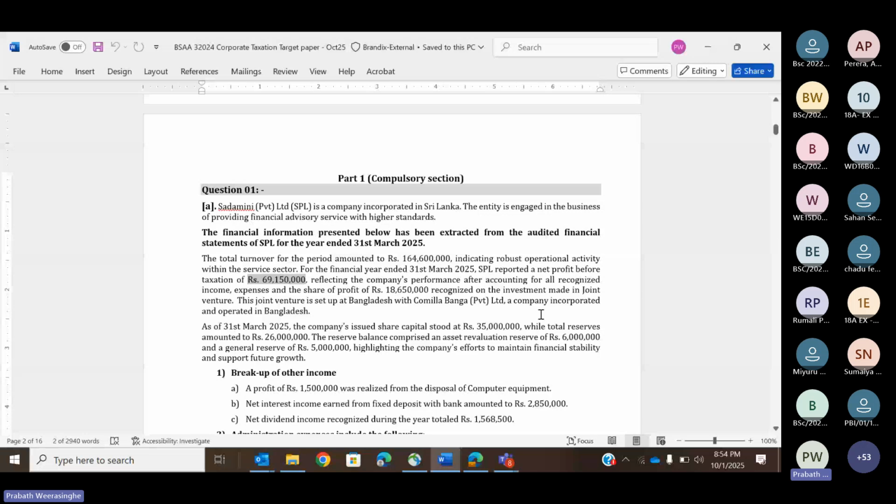Therefore the expenditure incurred to earn that income cannot be deducted against the assessable income from business, right? Remember that part.